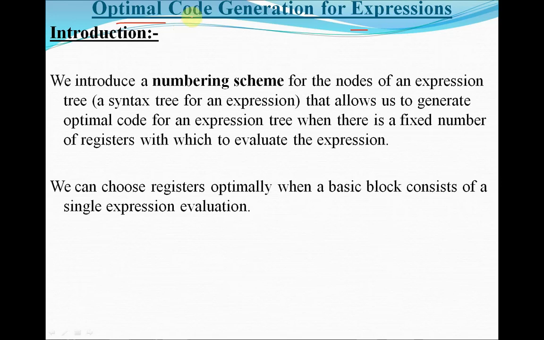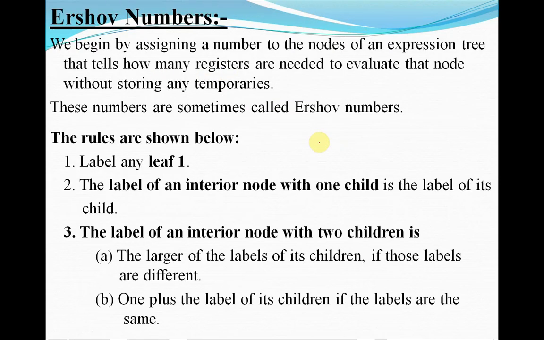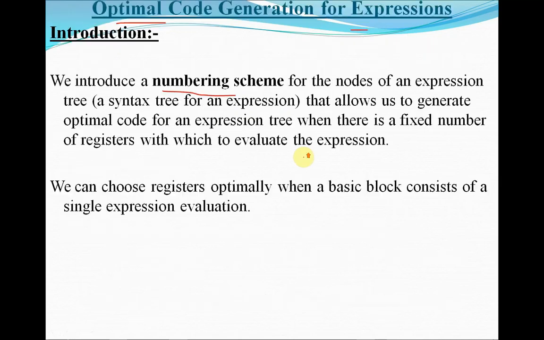base point, we will use a numbering scheme called Ershov numbers. So based on Ershov numbers, we are going to find the minimum number of registers required to generate target code for any given expression.